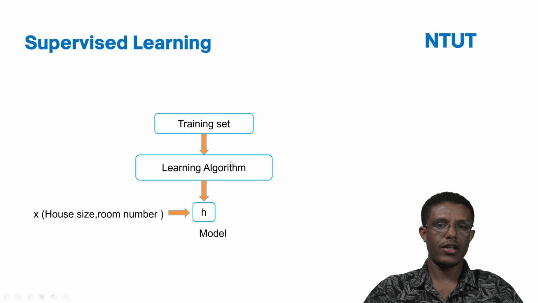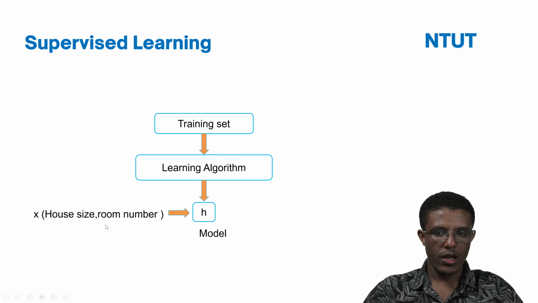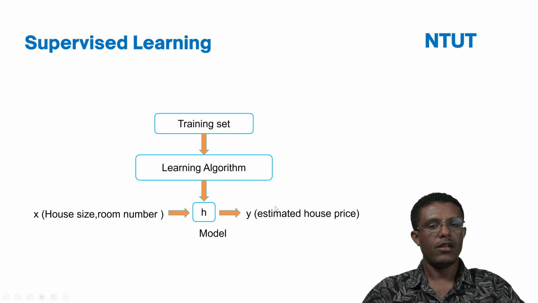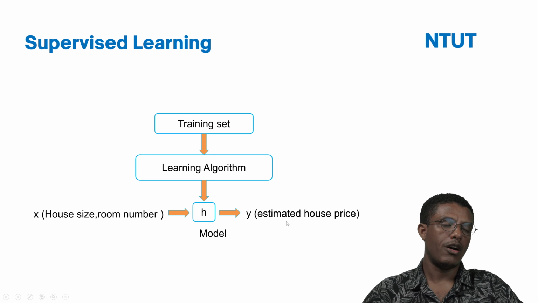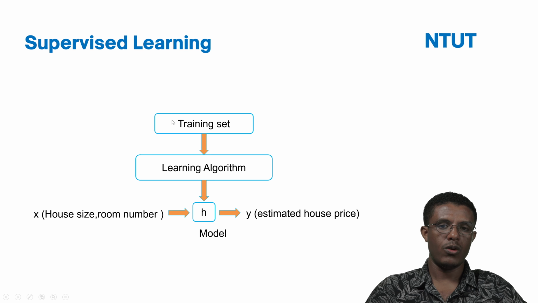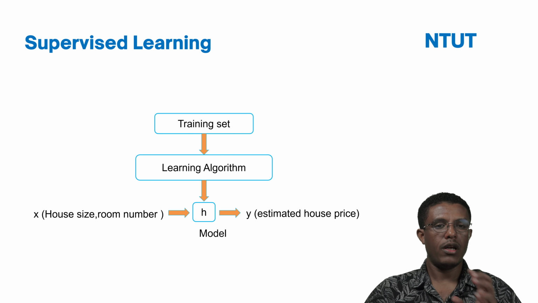So there is training data, and there is a learning algorithm, and we have the model, and finally this one is the test data. The test data includes only the house size and the room number, and then the prediction shows the estimated house price. The training data includes the house size, room number, and price.